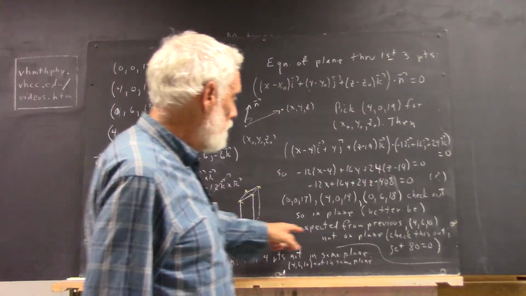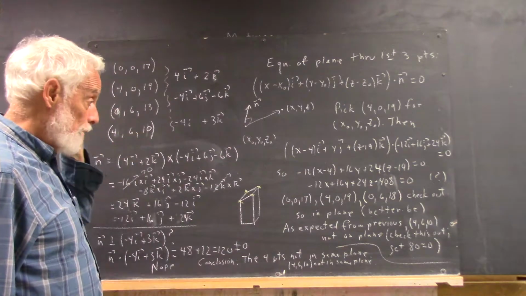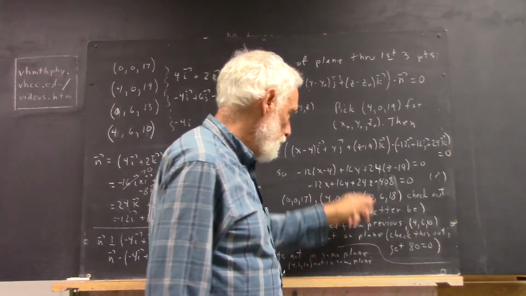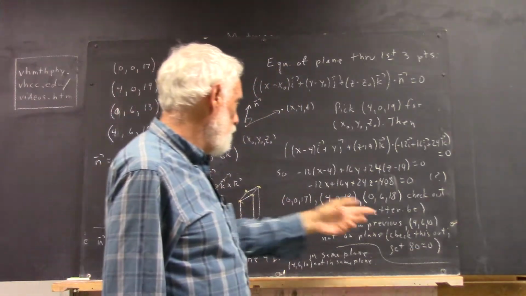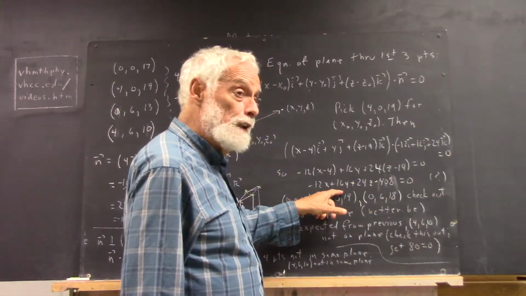And then, as expected from what we saw here, this point would not be in that plane. We can check that out also. If we plug these numbers in, I claim that we get 80 equals 0. And let's just verify. Let's see, 4 times negative 12 is negative 48. 6 times 16 is 96.